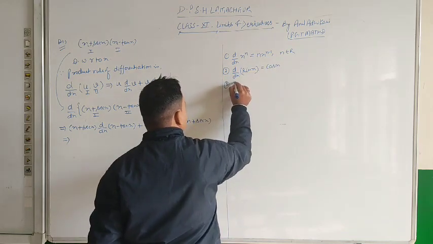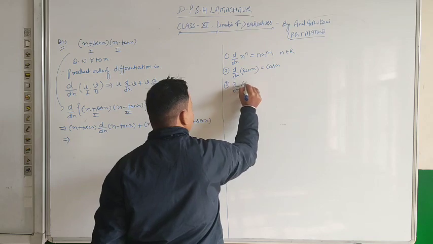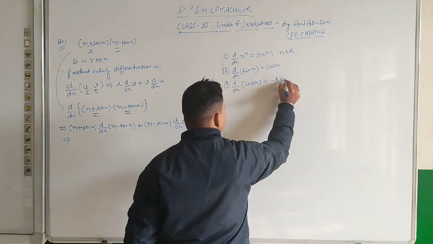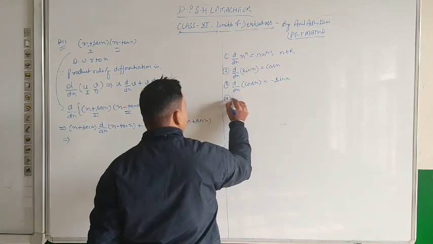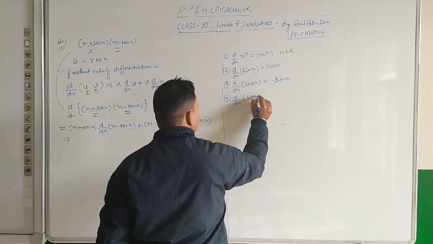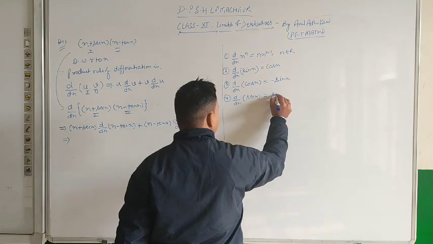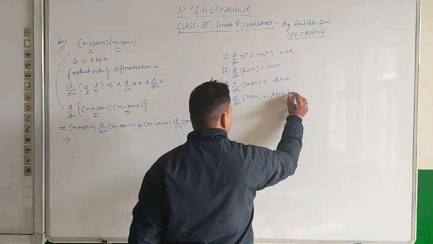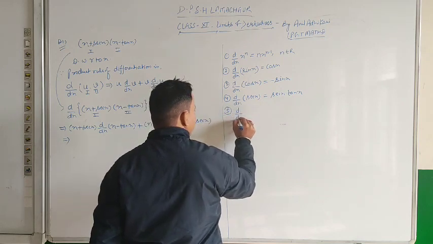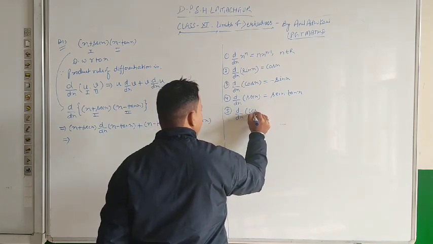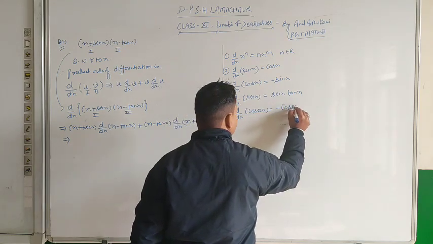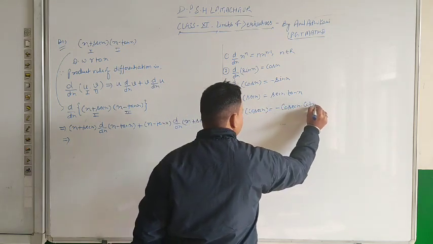Third, d by dx of cos x is minus sin x. Fourth, d by dx of sec x is sec x tan x. Fifth, the derivative of cosec x is minus cosec x cot x.